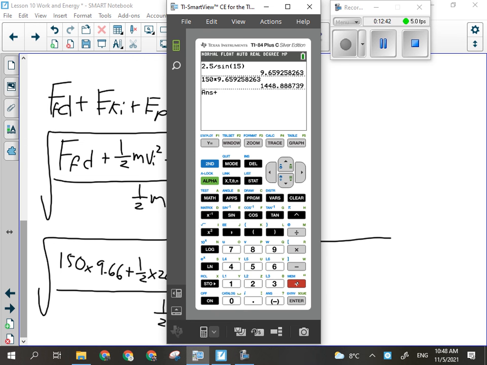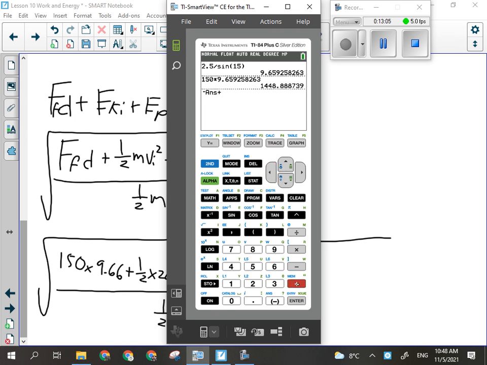It's negative. If I make that number positive, I'm going to say I have more energy at the bottom than I have at the top. I have to recognize that work done against friction represents a loss of energy, or negative work. So I actually have to go with a negative answer.